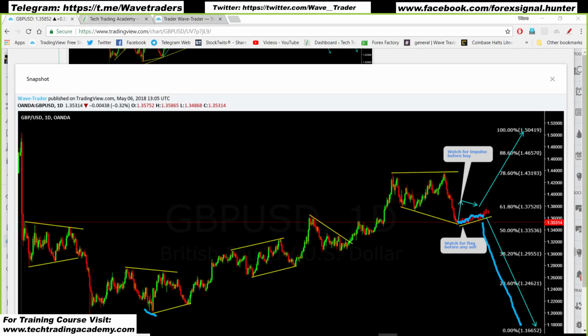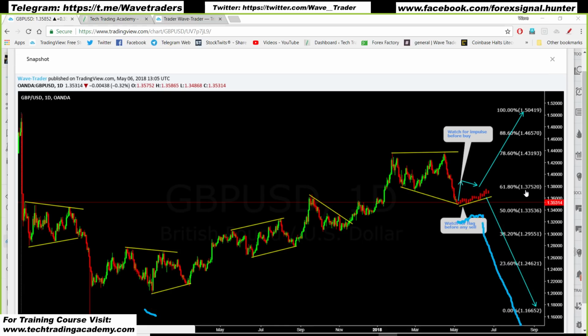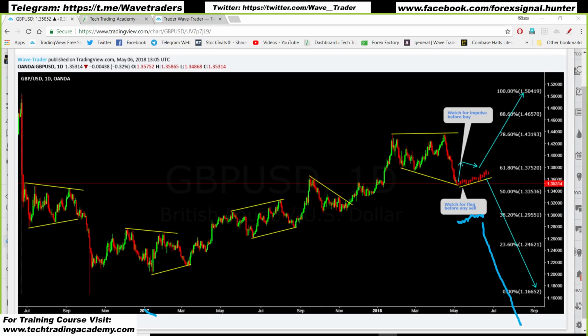So when a wave starts to continue, it always does like that. You see that? You see that correction?